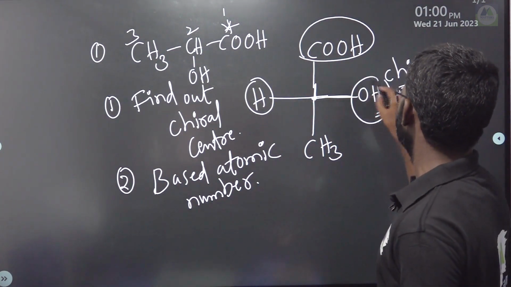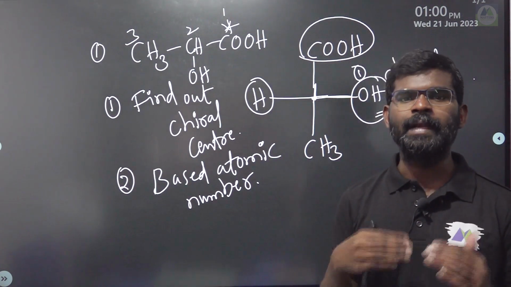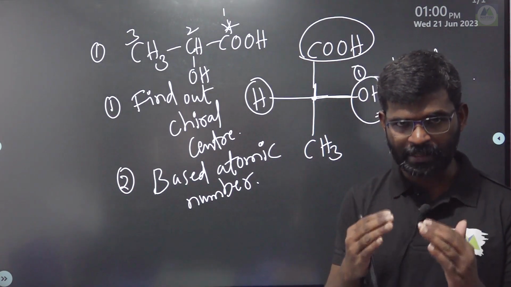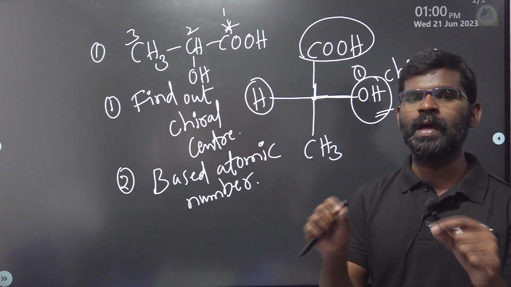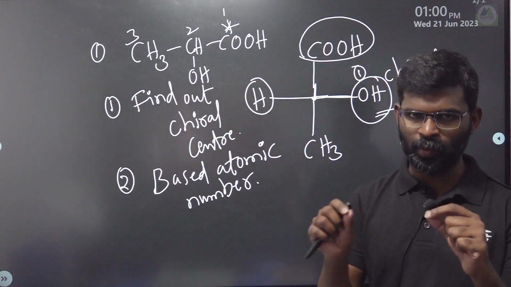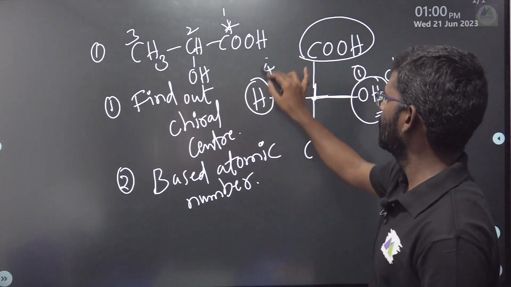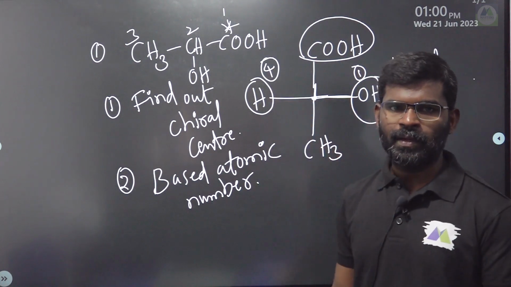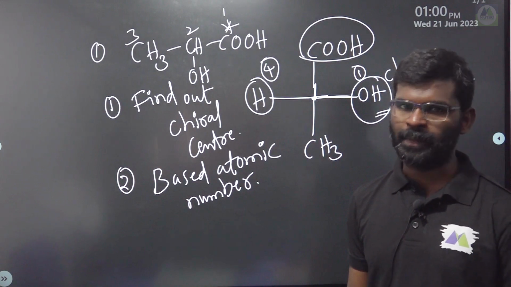So this is the first priority. Right? Don't concentrate on the entire group. You should concentrate on the chiral center, which is directly attached to the atom only, not the entire group, right? So this is 1. Automatically this is 4, because hydrogen has a very low atomic number compared to any other atom in the periodic table.